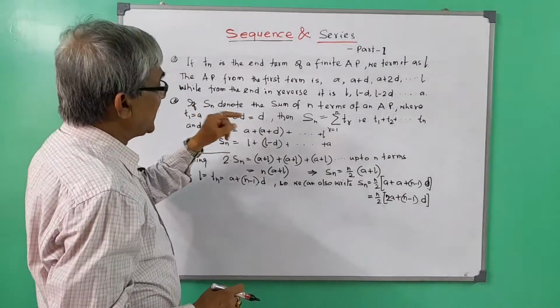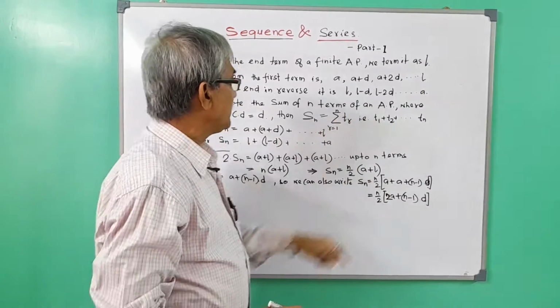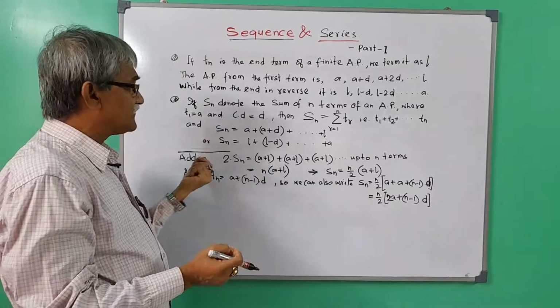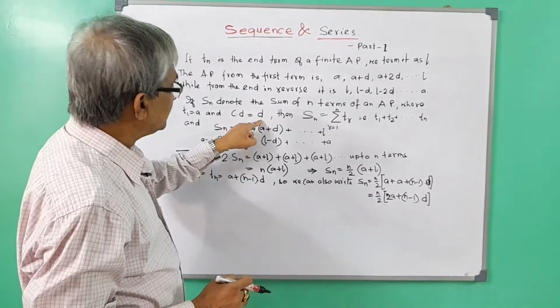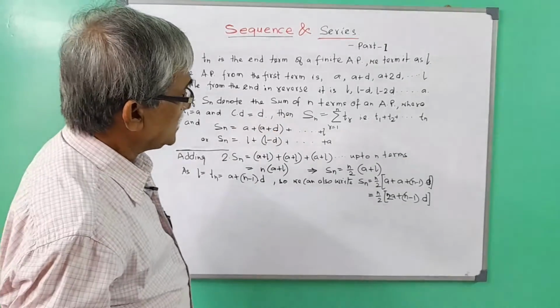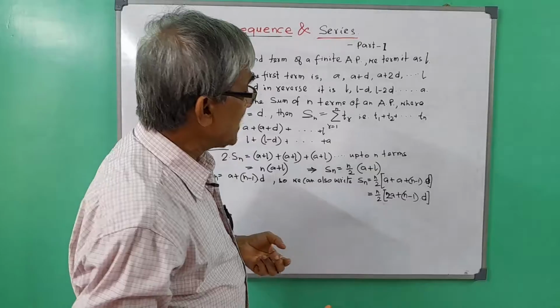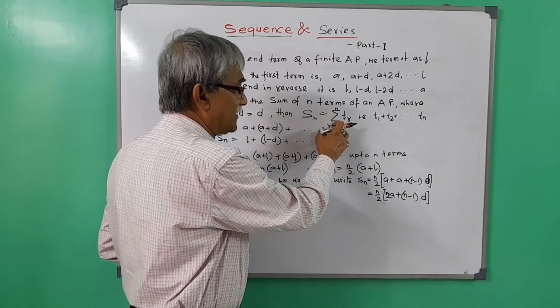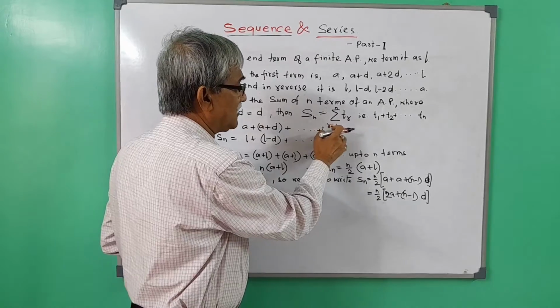Now, Sn will denote the sum of the n terms of an AP, where T1, that is the first term, equals a, and the common difference equals d. Then Sn is equal to, not the sign, mathematics is a kingdom of notations, the summation of Tr, r being a very general term, from r equals 1 to n.